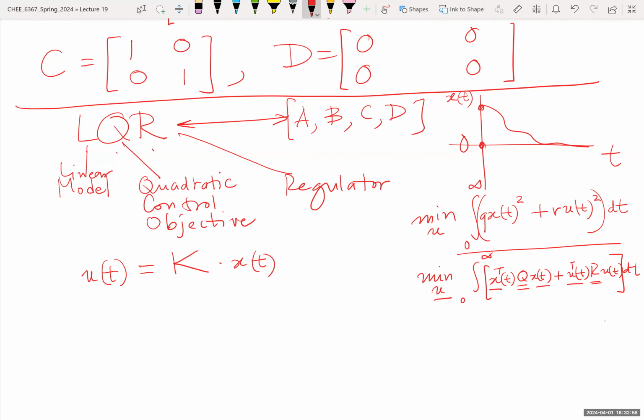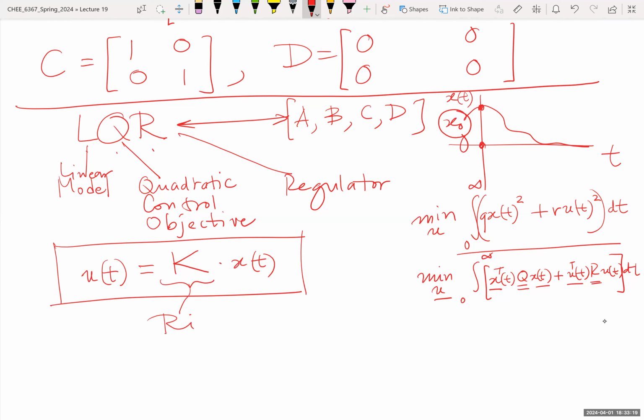So if I am at x0 here, the optimal input to use is a linear function of the state where I am. This is a famous result. And this gain actually can be calculated by a famous equation called the algebraic Riccati equation, which is a matrix equation.